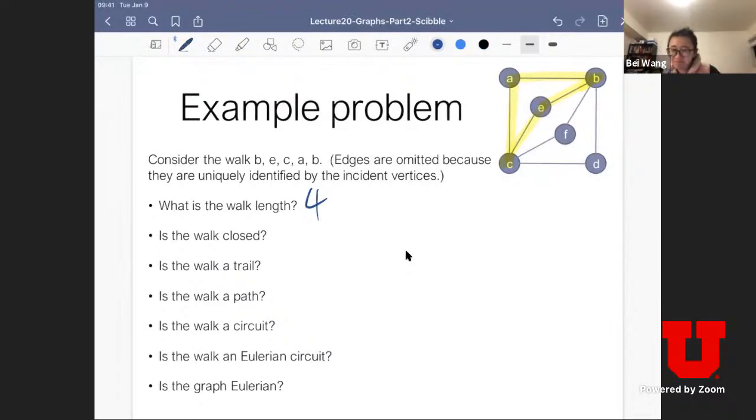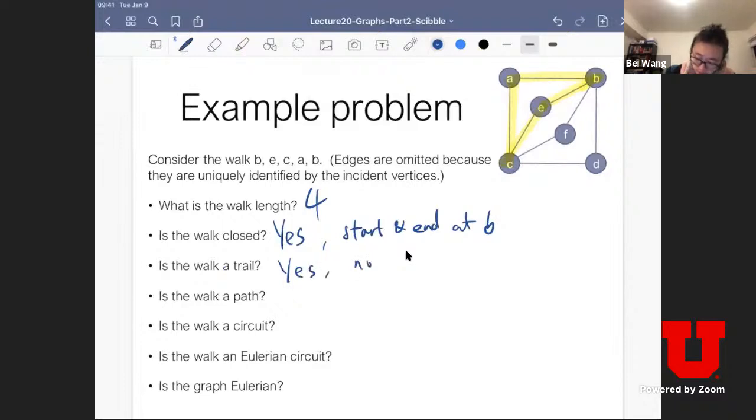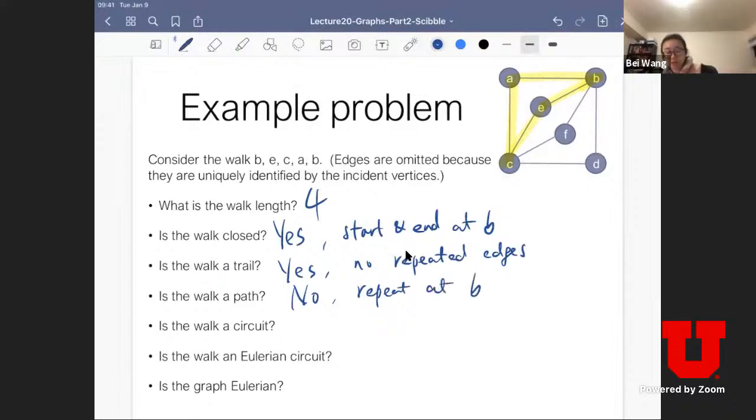Is this closed? Yes, because it starts and ends at B. Is this a trail? The answer is yes, because there are no repeated edges. Is this a path? The answer is no, because we repeat at node B. Is this a circuit?